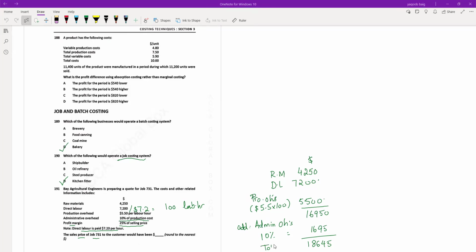This one is total cost. Now we want to calculate profit margin, which means selling price will be treated as 100%. Total cost is treated as 75% plus profit is 25%. So now first of all we will calculate profit.